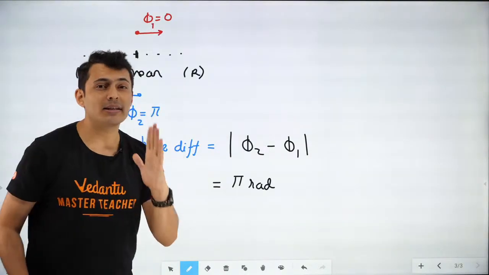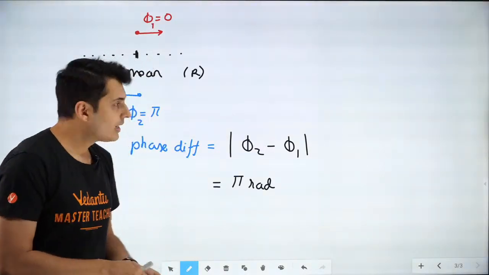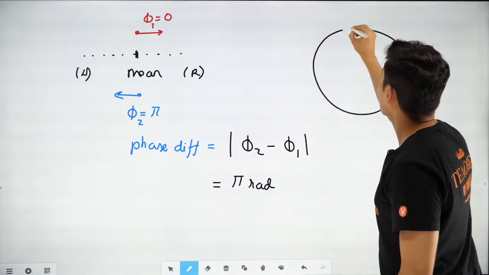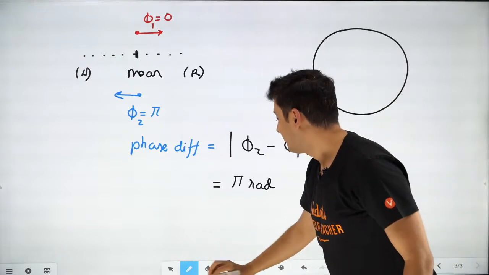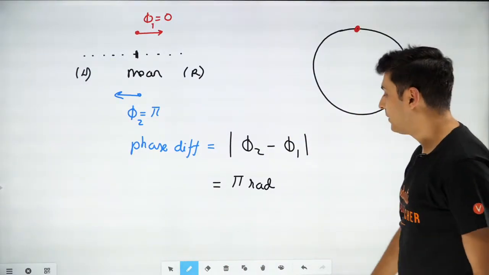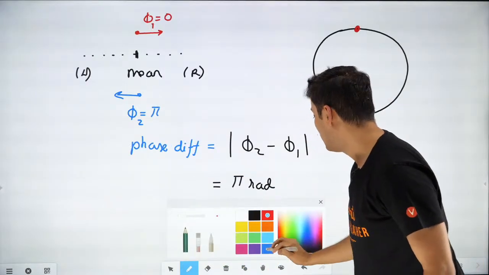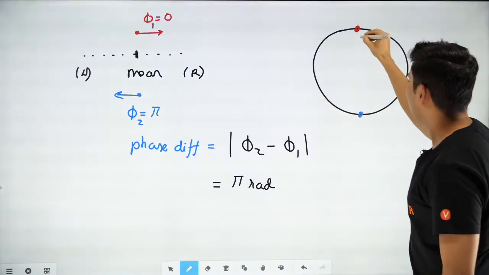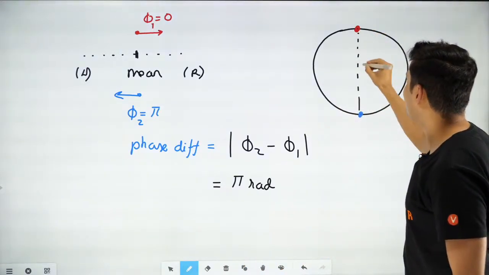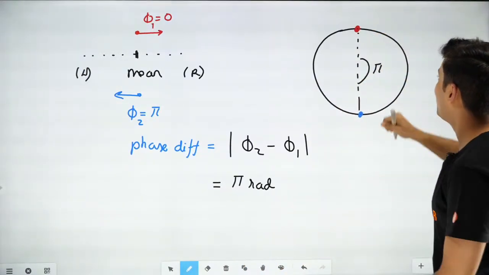So guys, what does phase difference tell you? See, on the circular diagram, things will be even more clear. This red particle on the circular diagram will be on the top, whereas this blue one will be below, and the angle between them will be 180 degrees or pi radians.